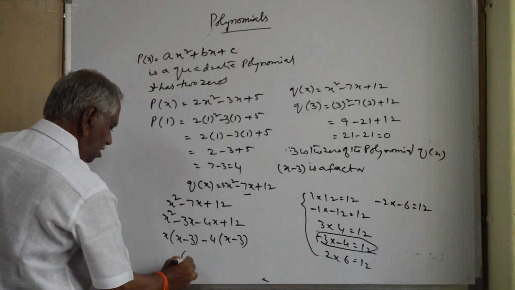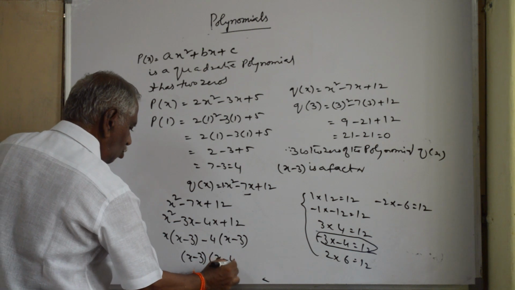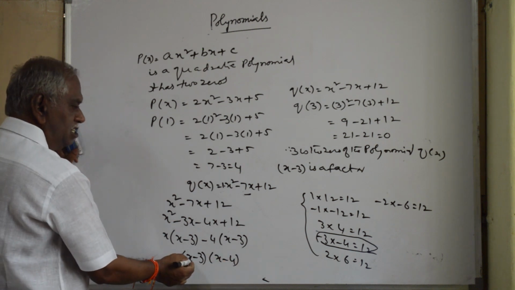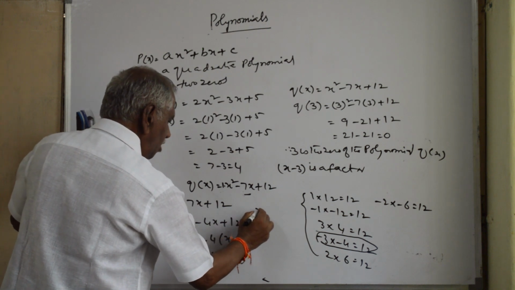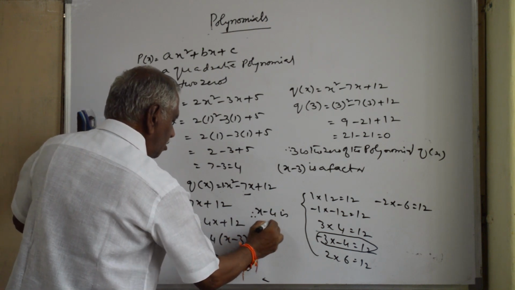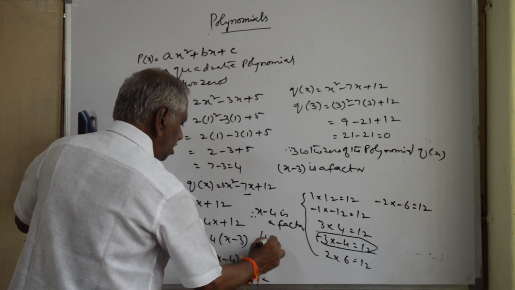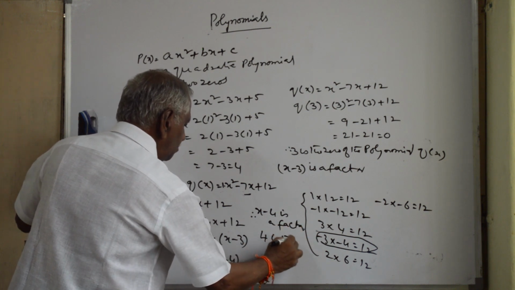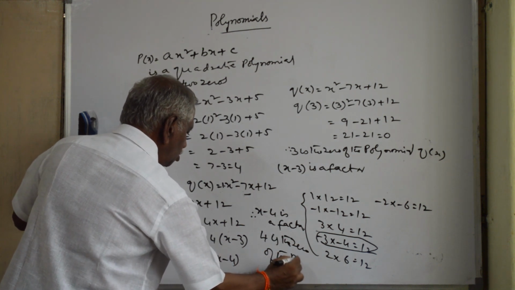So x minus 3 is common here. x minus 3 into x minus 4. So x minus 3 is a factor, and similarly x minus 4 is also a factor. When x minus 4 is a factor, 4 is the zero of the polynomial.